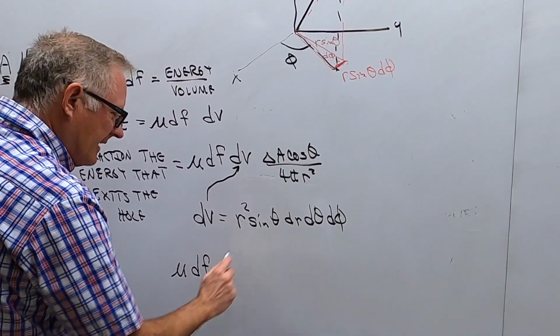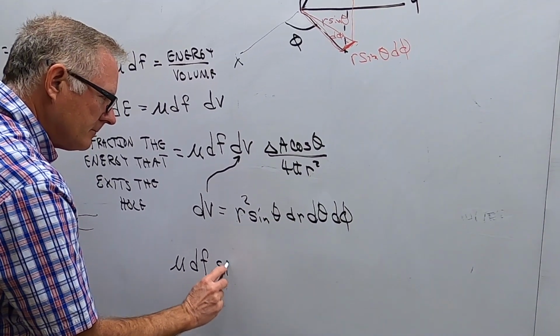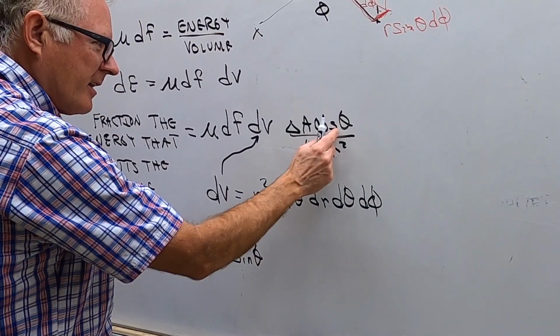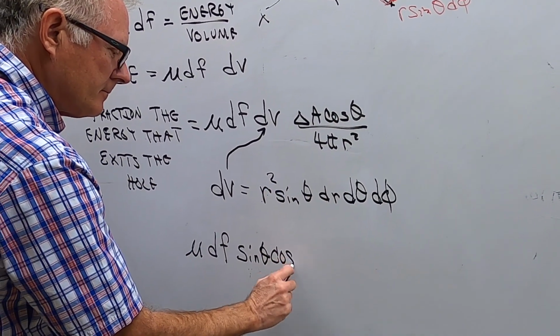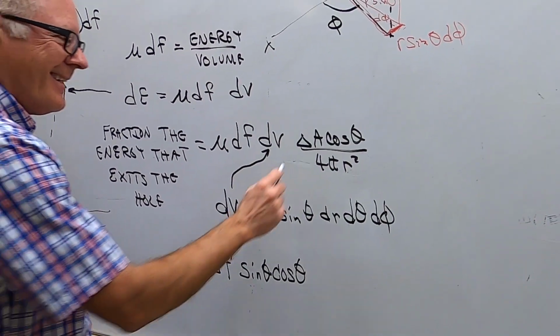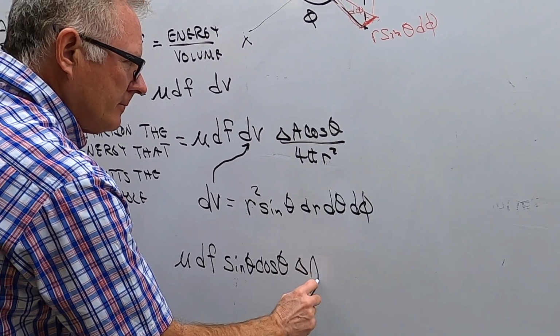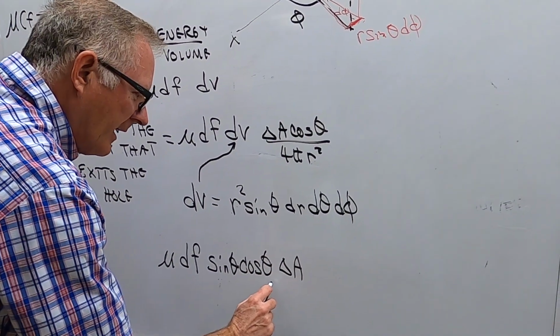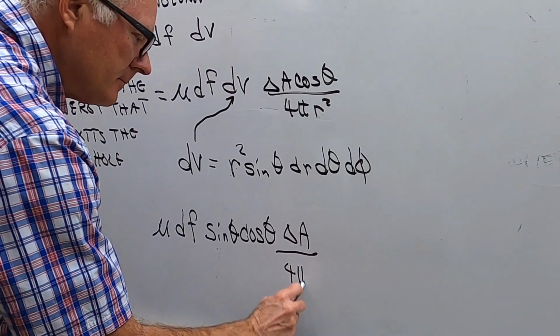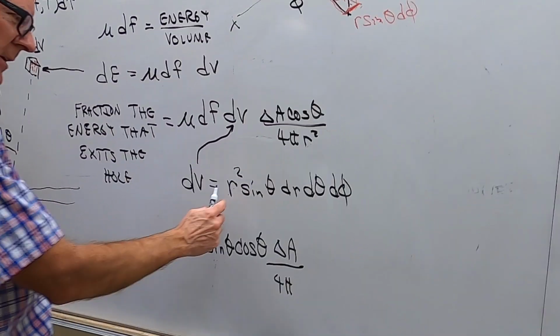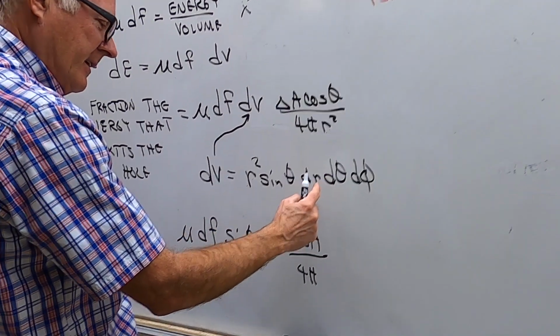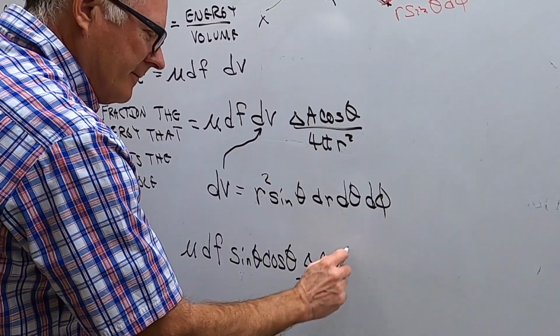But I still have the sine theta. I got a cosine theta. I get a delta A. I get a 4 pi. And we also get the dr, d theta, and d phi.